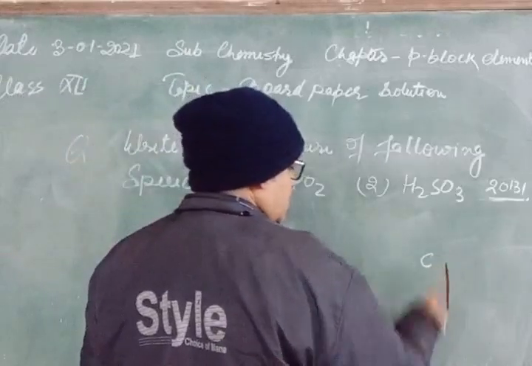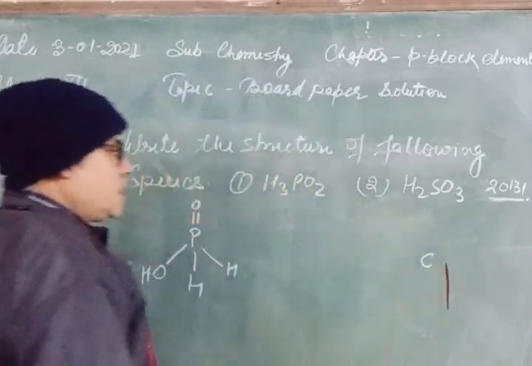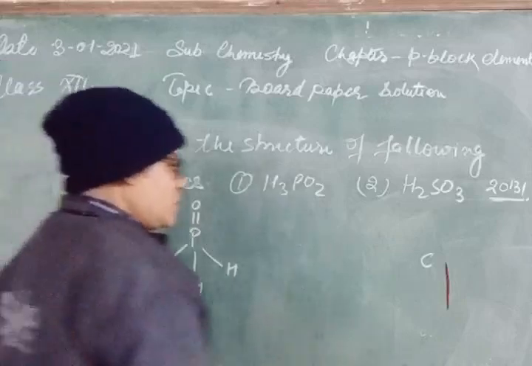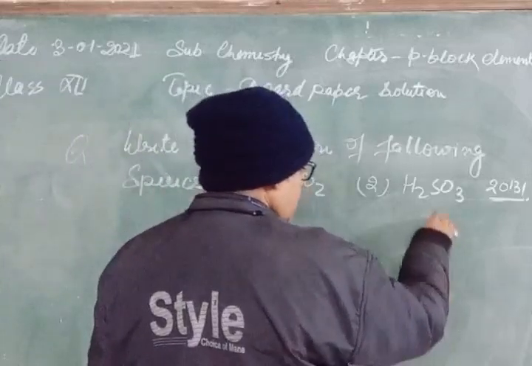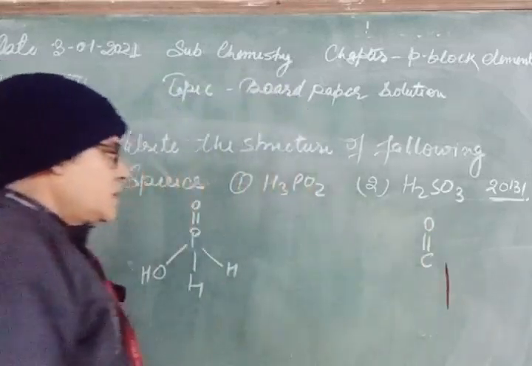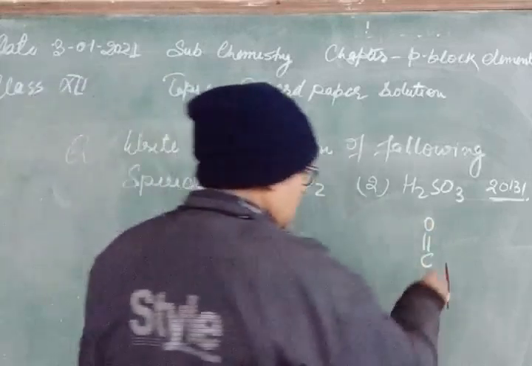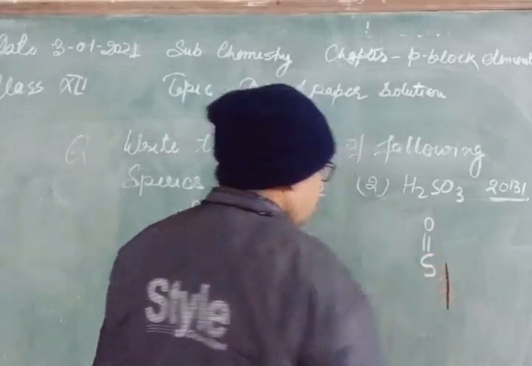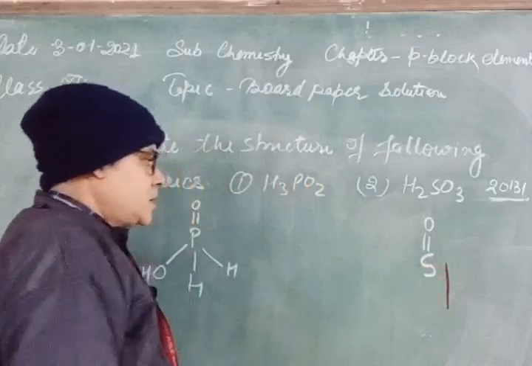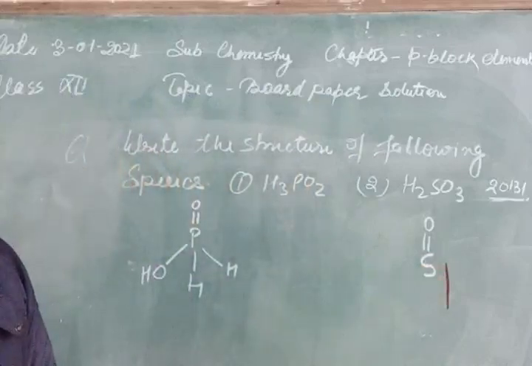Now the structure of H2SO3. Similarly, here there will be at least one oxygen with a double bond to sulfur. The rest will be oxygen with hydrogen.